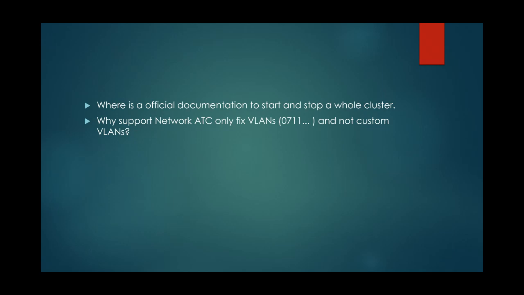It's just not well documented, and that's something I'm looking to fix today, to update that documentation. When you're running Add-NetIntent, there's a parameter called StorageVLAN. So if you just use -StorageVLAN, you can change it from 711 to whatever you desire. So hopefully that solves that use case.